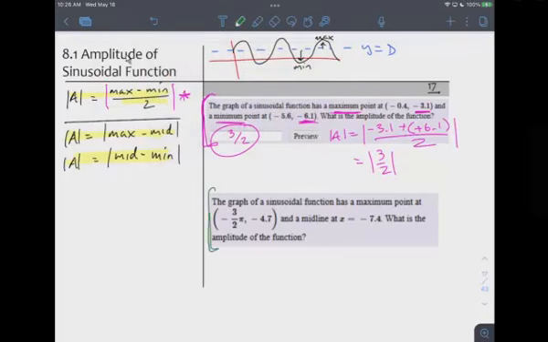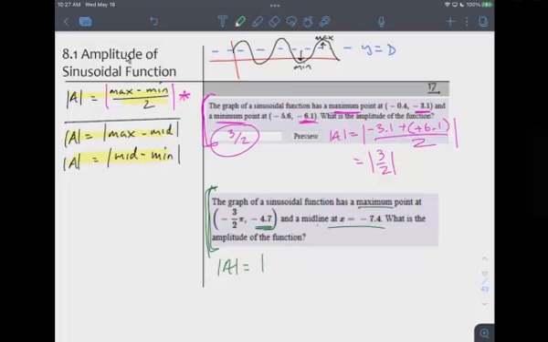Okay, so do this final one here. If you're told what the midline is and you're given a maximum, see if you can find what would be the amplitude for that. You're looking at the vertical component, so the y coordinates. So here we know that our amplitude is going to be the difference between the maximum and the midline.